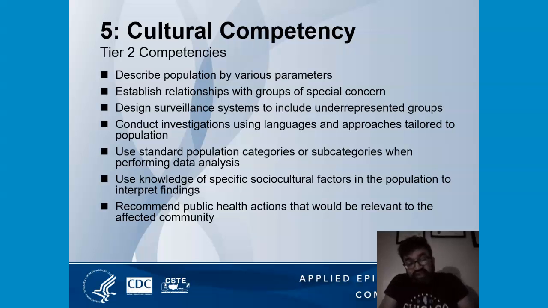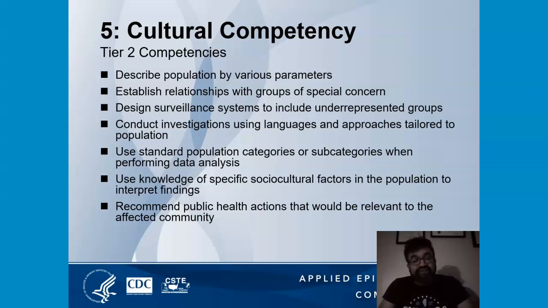It's worth mentioning the establishing of relationships with groups of special concern. Community advocates and representatives are powerful individuals to go to and foster relationships with, so that you can conduct research and also enact change.